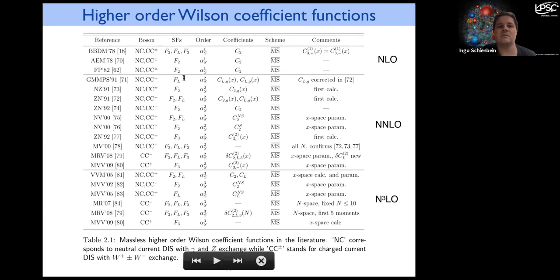The next to leading order calculations of the Wilson coefficients come from the late 70s, for example, the famous paper by Altarelli, Ellis, Martinelli, or Furmanski-Petronzio, which have been used for a long time. But in the meantime, there have been calculations at next to next to leading order and even beyond. They are all in the literature, so one can calculate the structure functions to very high perturbative order.